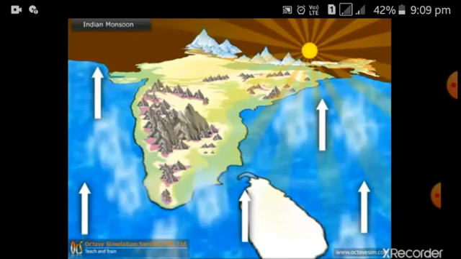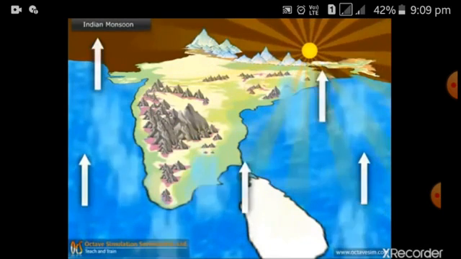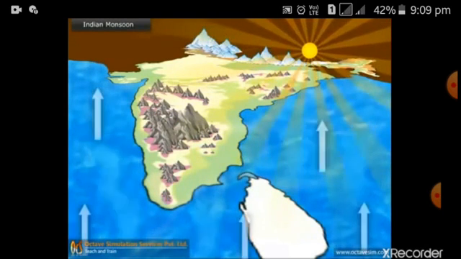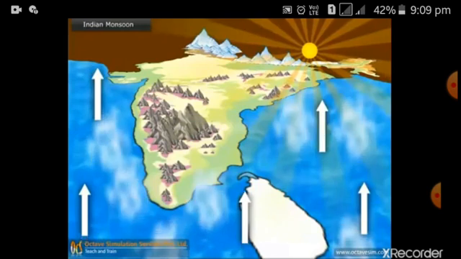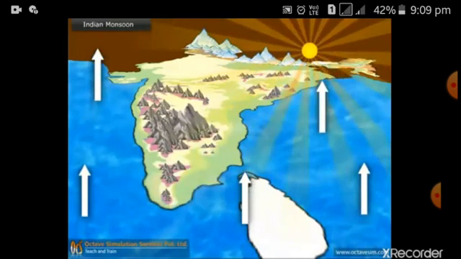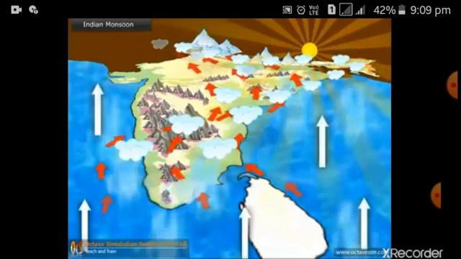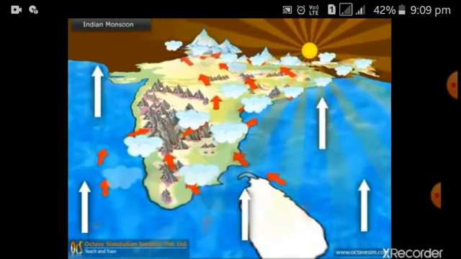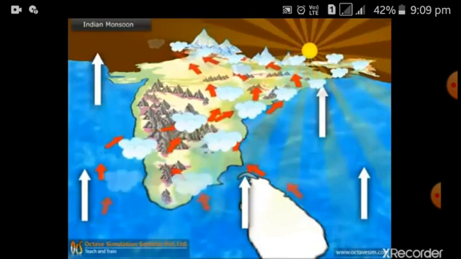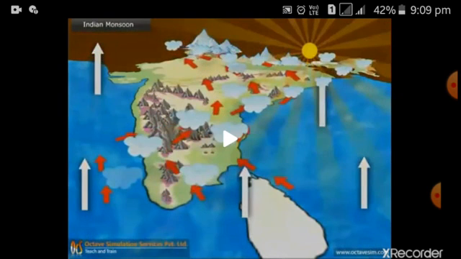So you can see that the sun is shining and the heat is produced from the seas, the Arabian Sea and Bay of Bengal. This becomes the reason for cloud formation, and the wind moves this cloud towards the land, and this is why rainfall occurs in the northwestern region of India.